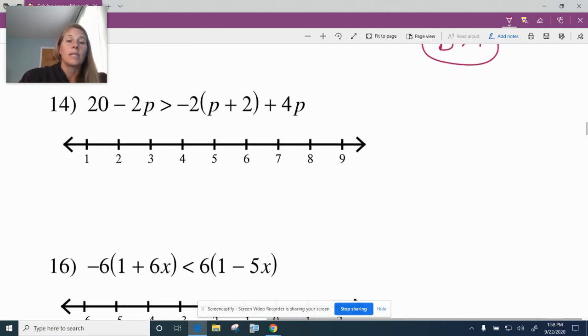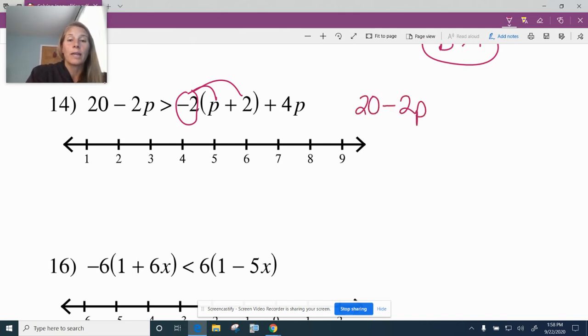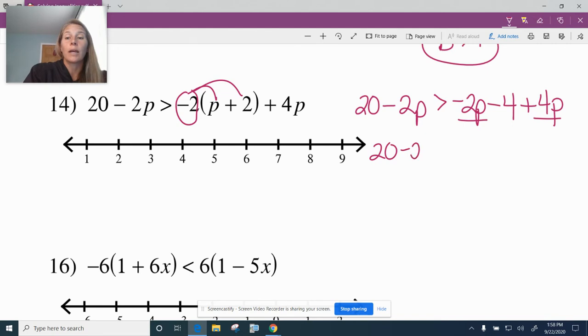Okay, number 14. I'm going to have to distribute this -2 to get rid of those parentheses. So I have 20 minus 2p is greater than -2p minus 4 plus 4p. Now I have two like terms on the same side of the inequality sign.